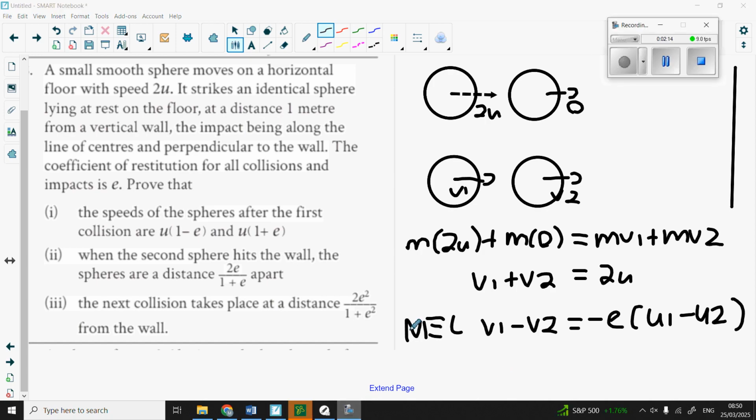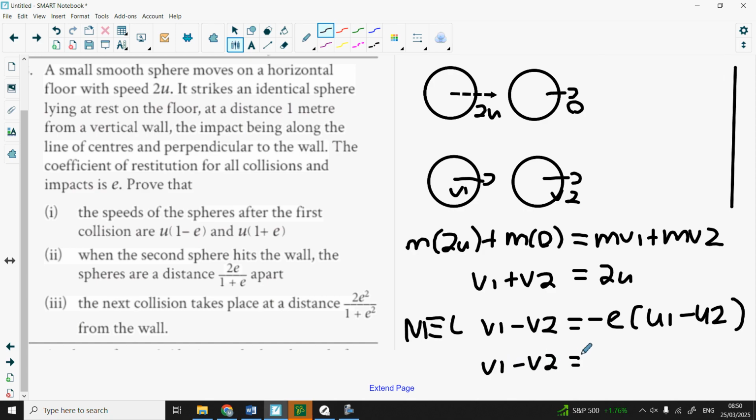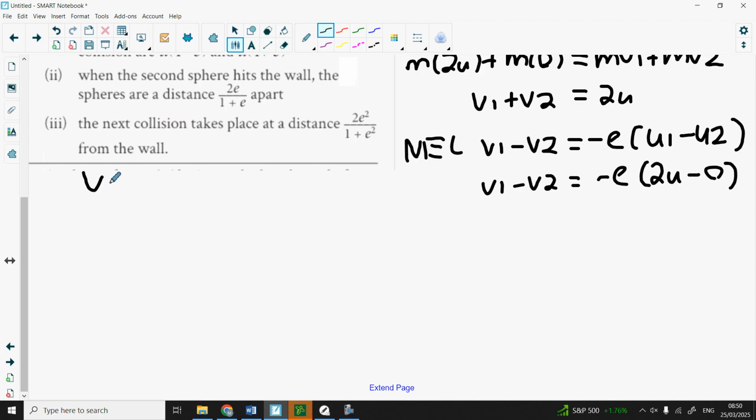What do we get down, guys? V1 minus V2. What's the E value? We don't know, do we? U1 value? 2u, yeah. U2 value? 0. So I think we're in the fortunate category that we have two simultaneous equations, and both of them are reasonably easy.